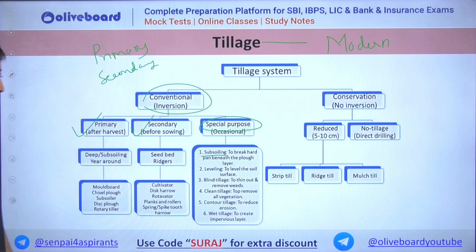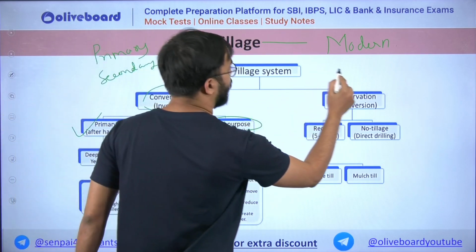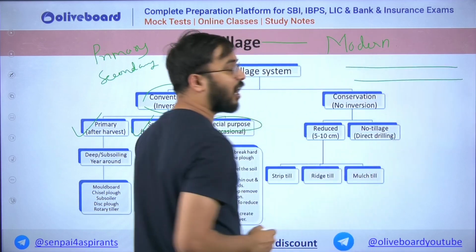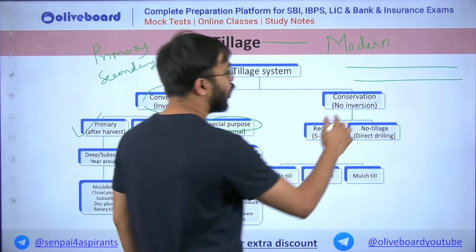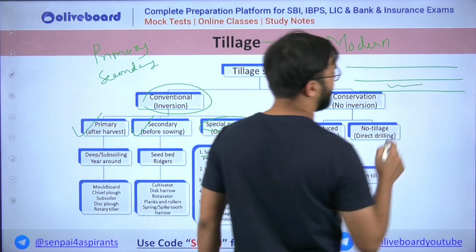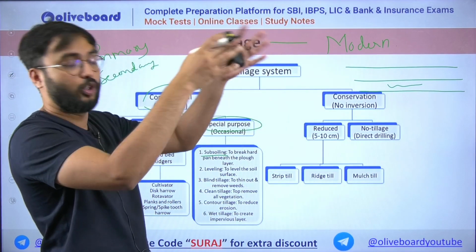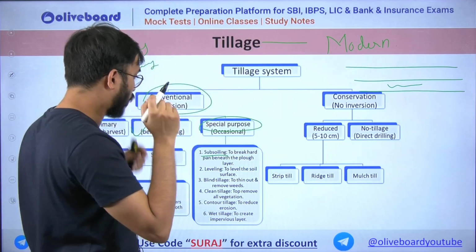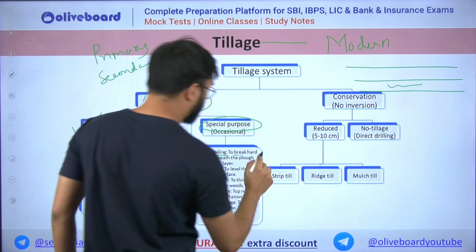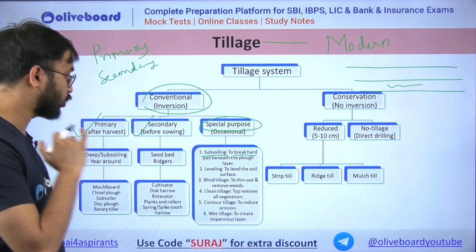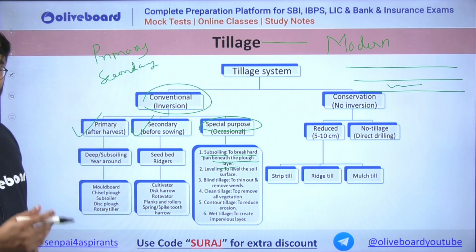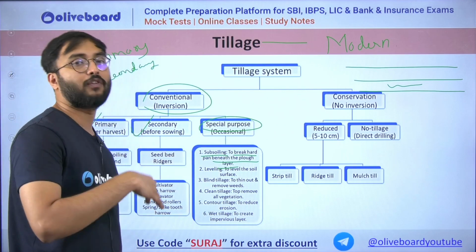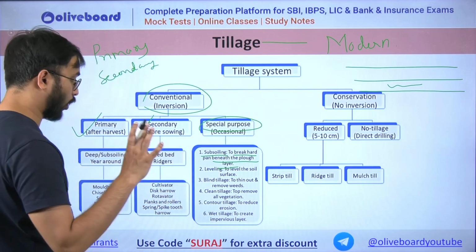So subsoiling is nothing but to break the hard pan, whatever the uppermost hard topsoil layer is there, breaking that down. And then whatever the next soft layer is there, upturning that layer of soil into topsoil. Okay. So this subsoiling is nothing but breaking the hard pan, the topsoil, and plowing of the beneath layer. So plowing or mixing of intermediate layer below the topsoil.